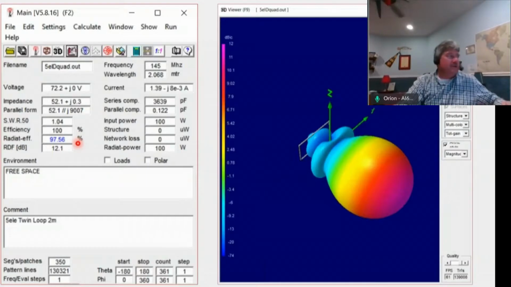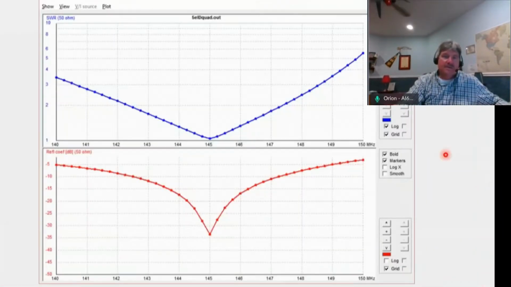And if you'd noticed, as we went farther up and we created more of that fragmentation, that radiating efficiency dropped as well. Another thing that's pretty cool about this antenna is check out the SWR. It has a nice clean SWR, and you can see here anywhere in the 2-meter band, it's well below 2.2 to 1 SWR.